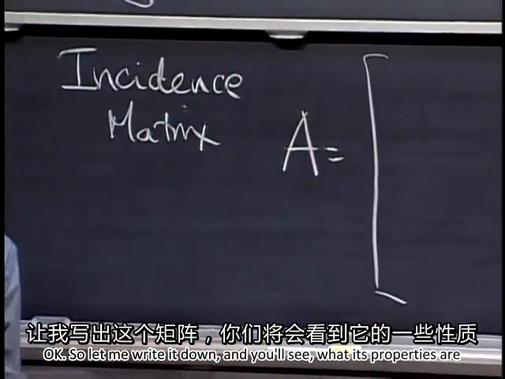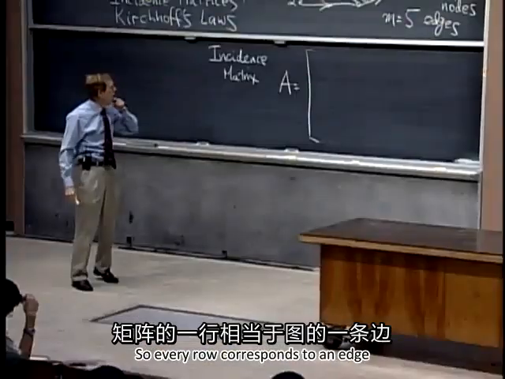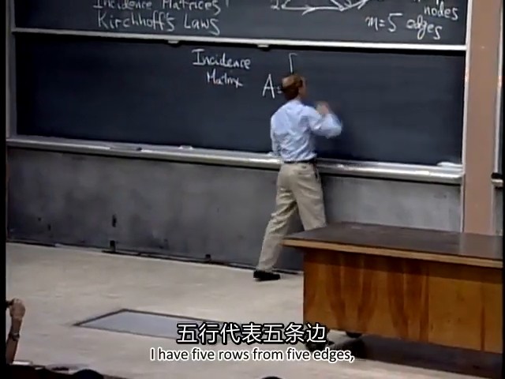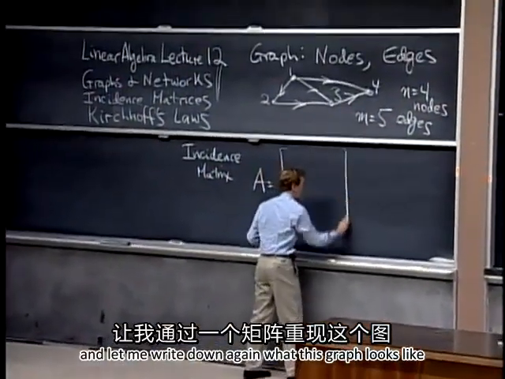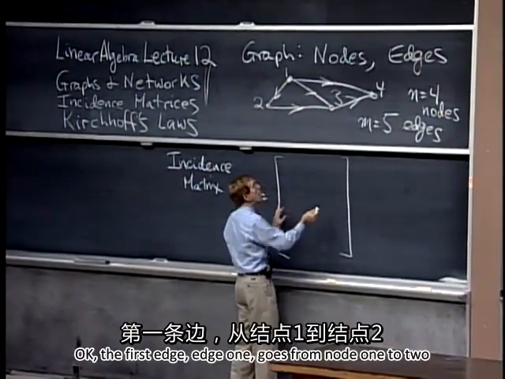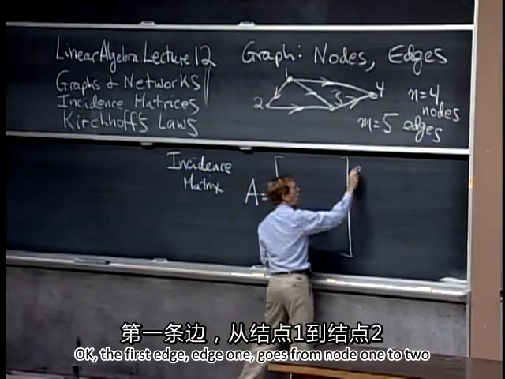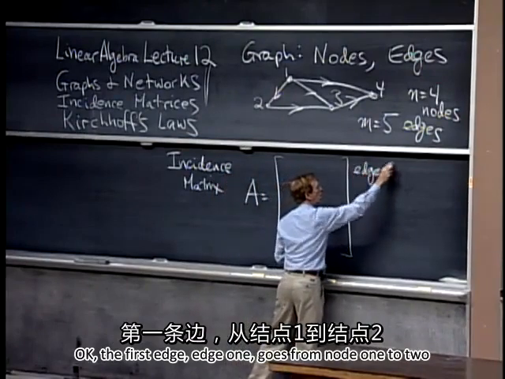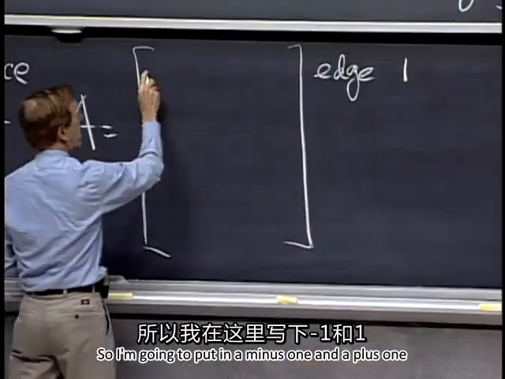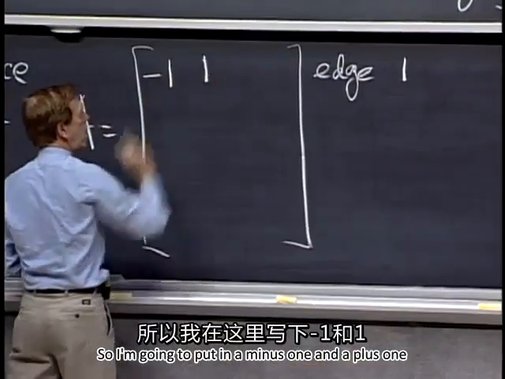So every row corresponds to an edge. I have 5 rows from 5 edges, and let me write down again what this graph looks like. Okay, the first edge, edge 1, goes from node 1 to 2. So I'm going to put in a -1 and a +1.